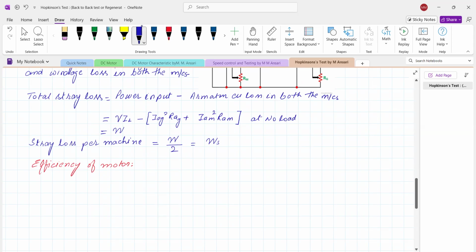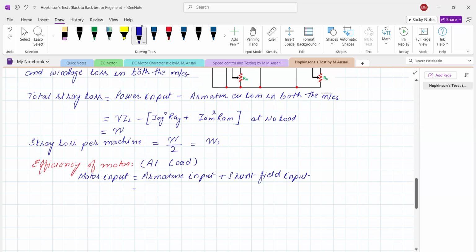Motor input is equal to armature input plus shunt field input. These are the calculations at load condition.